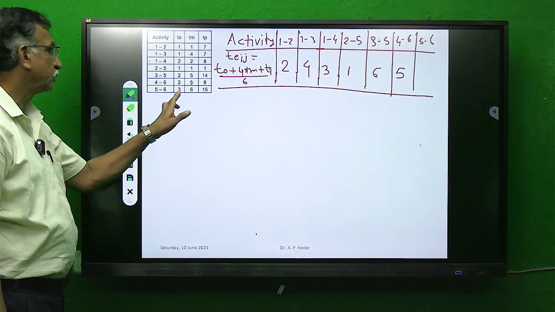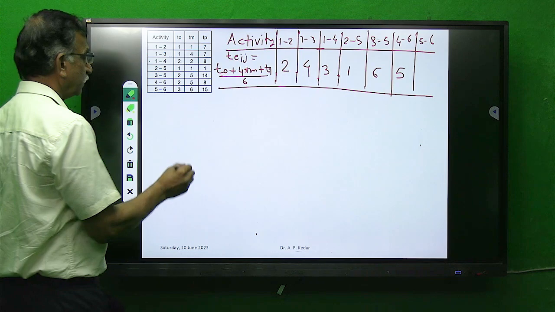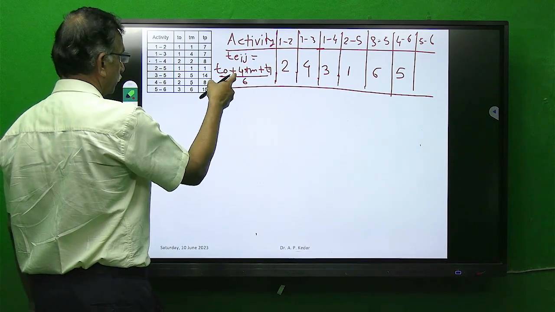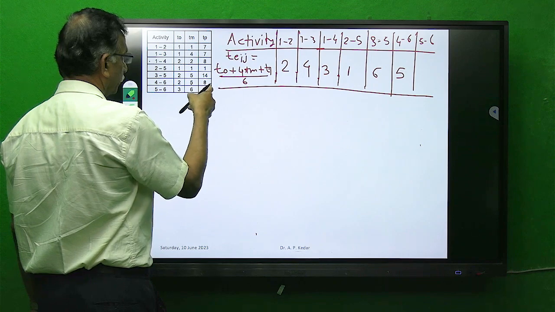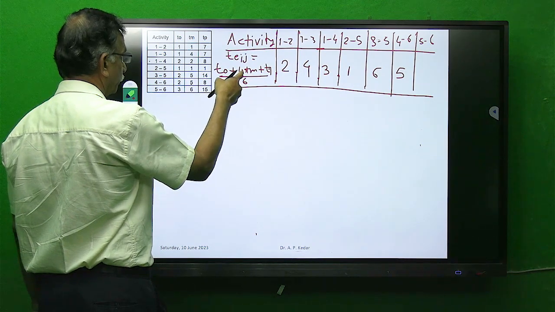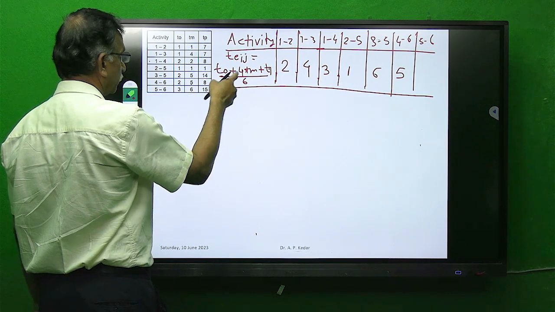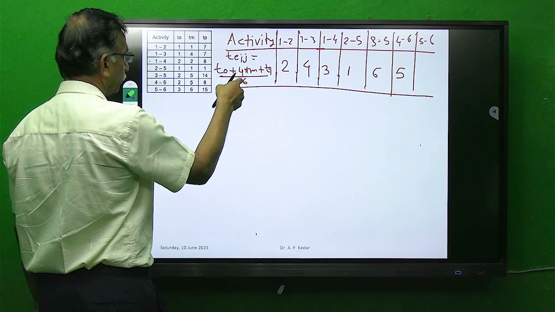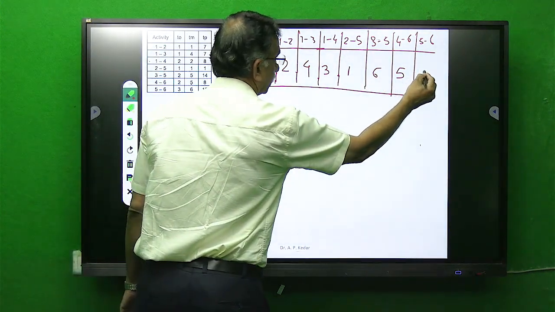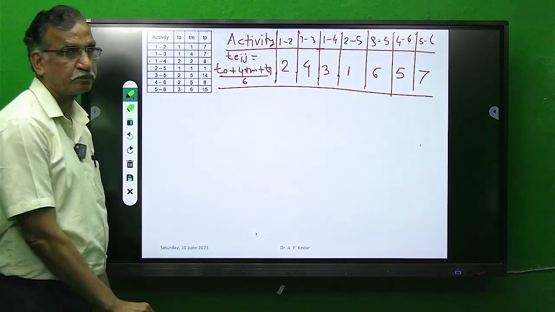Then 3-6, again it will change. 4 sixes are 24, 24 plus 15 is 39, 39 plus 3 is 42, 42 by 6 is 7.